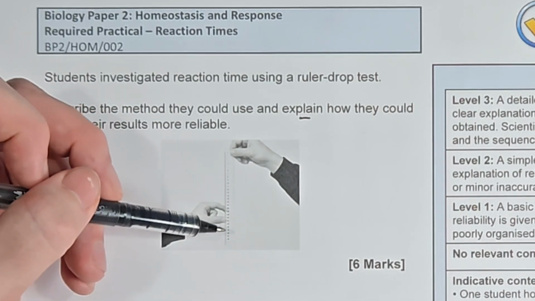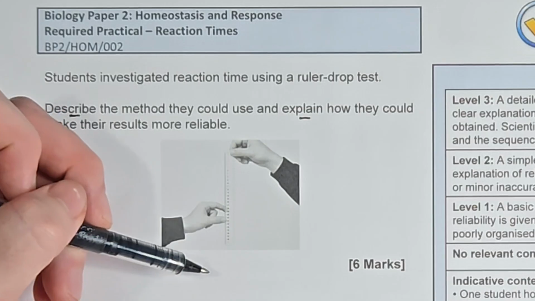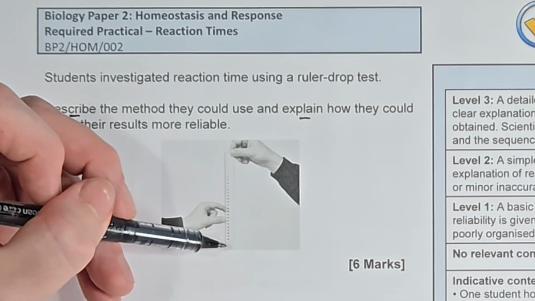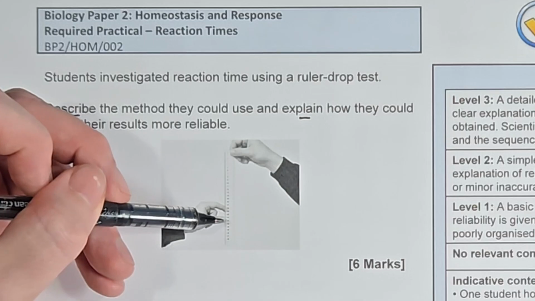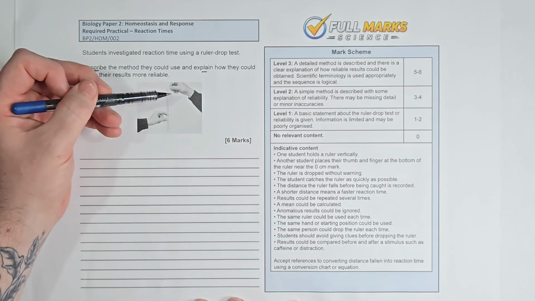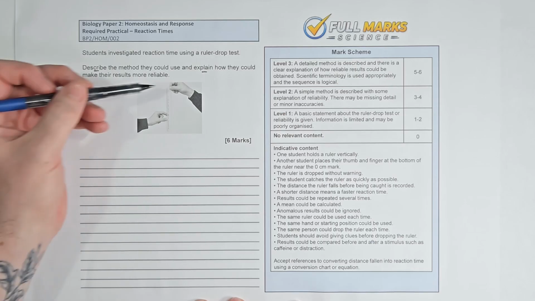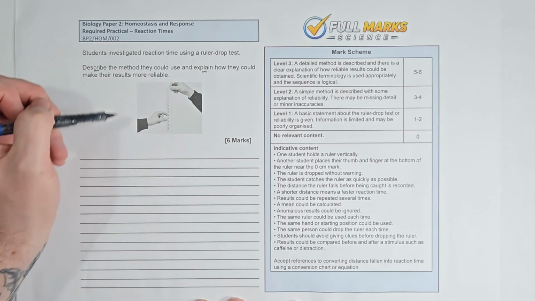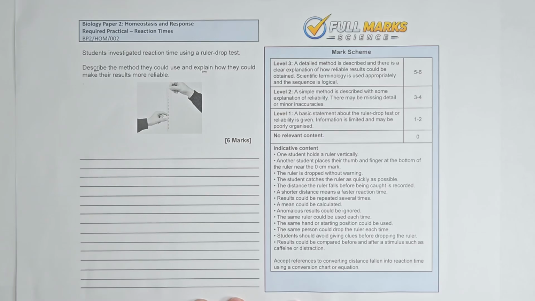Like I said before, there are different versions where you could measure times. But for this particular version, we're just using the actual distance from 0 to wherever they grabbed hold of it. It's a really simple experiment, just dropping a ruler and grabbing it, but this bit's about making it more reliable. That is where all of these extra marks are going to come from, because just describing dropping a ruler and grabbing it isn't going to get us very far.